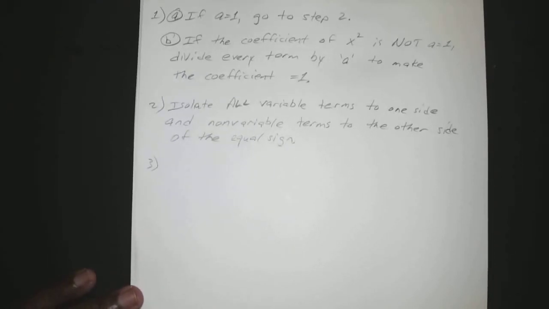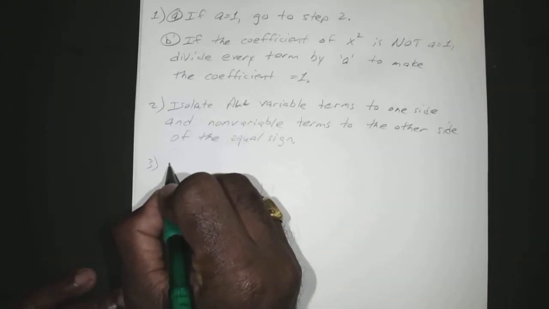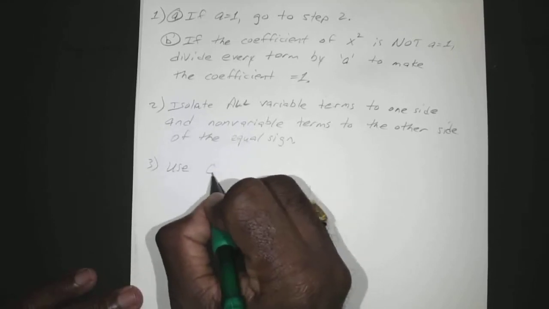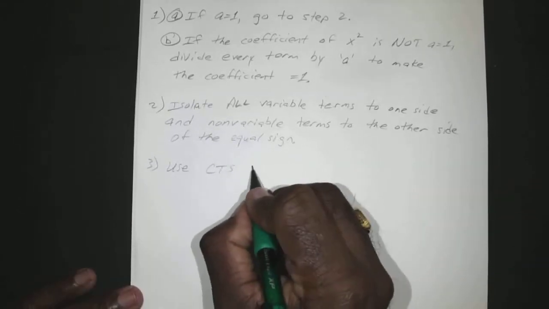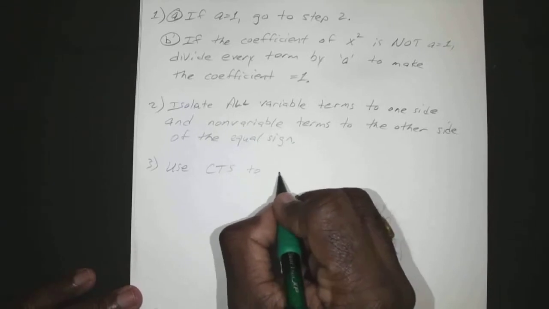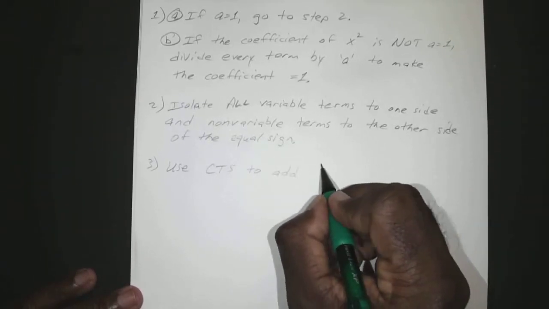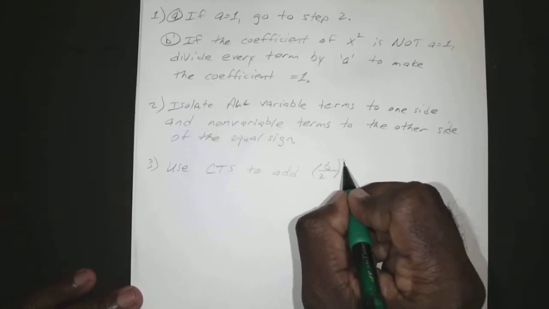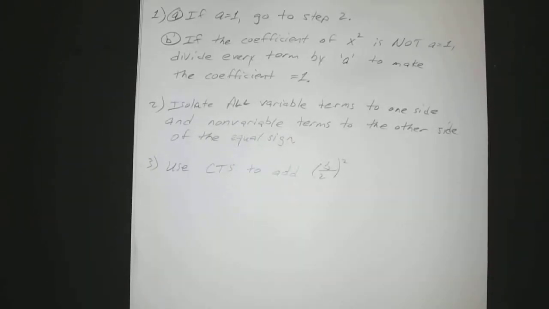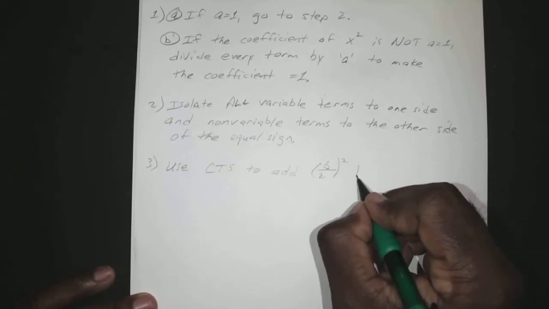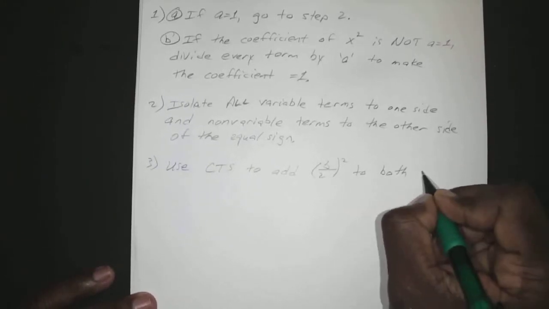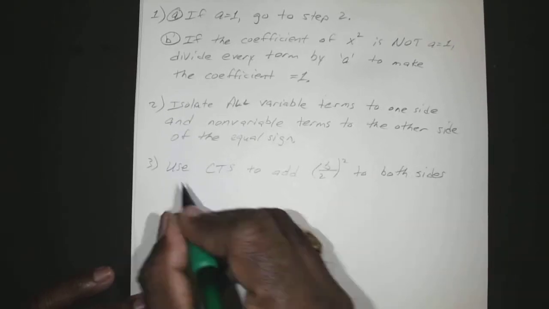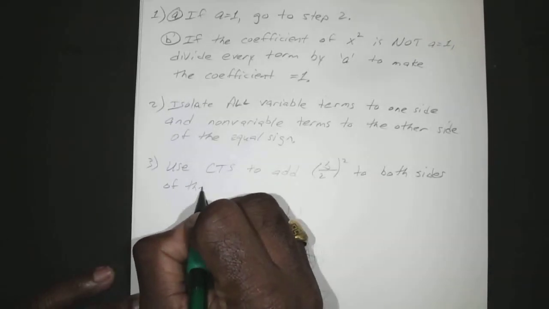Okay, so your third step, you're going to use completing the square to add b divided by, I guess you could say 2 squared, because remember we already made sure our a was equal to 1 from step 1, to both sides of the equal sign.